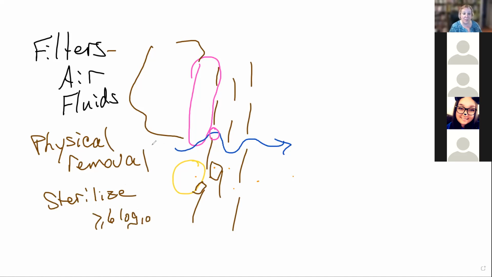So if I take 1 million endospores, I can show that they all got caught here and didn't make it through to the other side. We can also disinfect. And it all depends upon how big the holes in your filter are, and say in masks, how many gaps around the outside you've got. Questions about filtration?